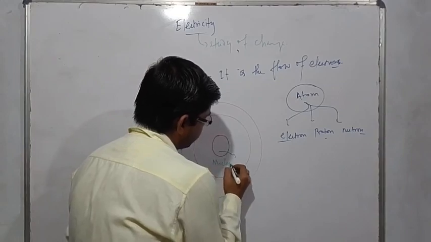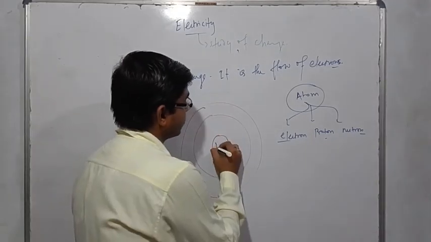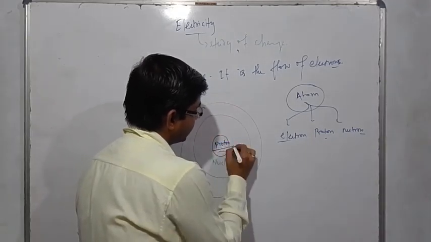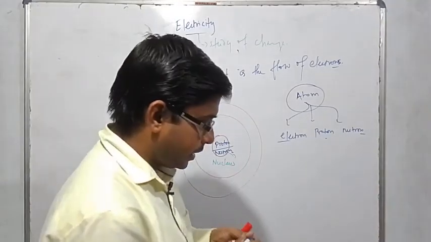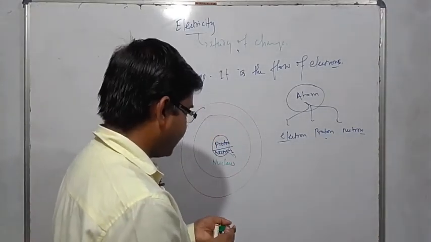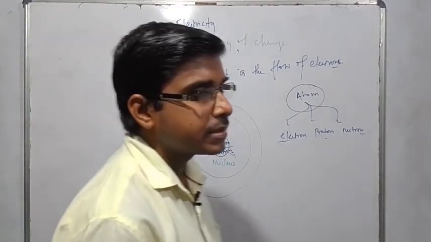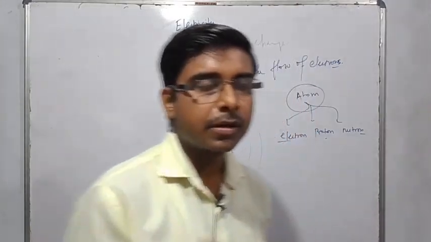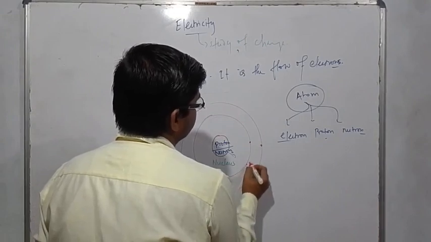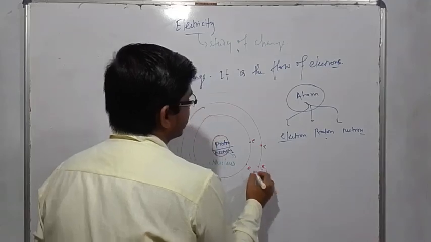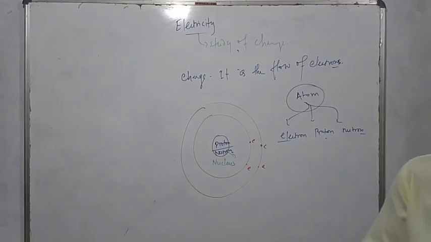Inside the nucleus, two particles exist: one is the proton and the second is the neutron. The remaining third particle, the electron, spins around the nucleus in different concentric circular orbits, called the orbits or energy levels. Electrons keep on moving around the nucleus in a concentric circular way.